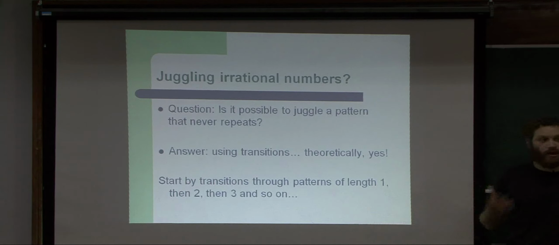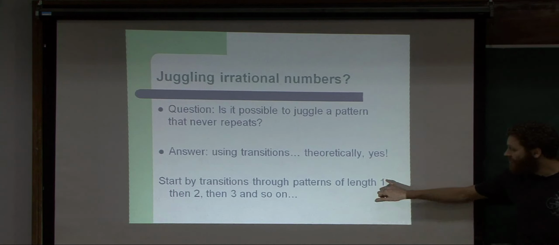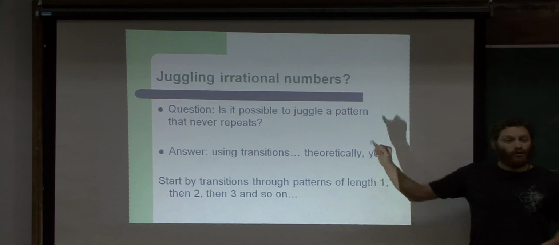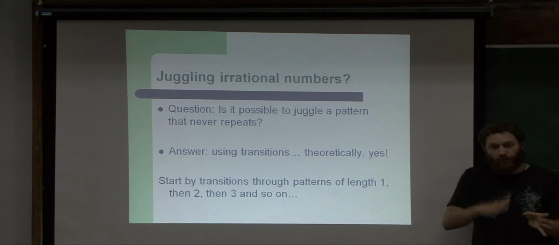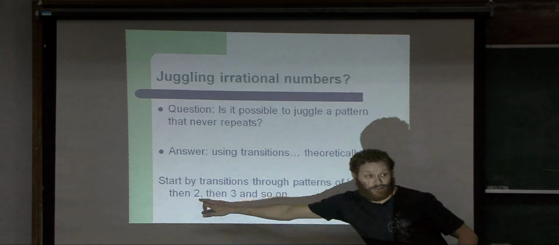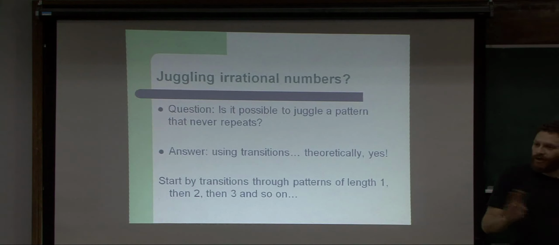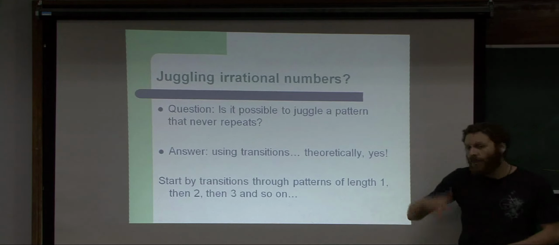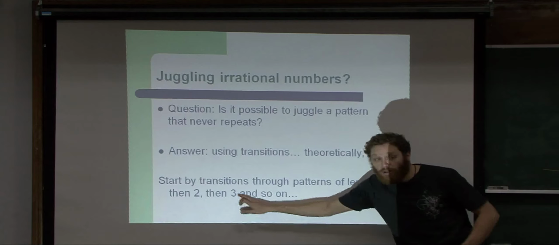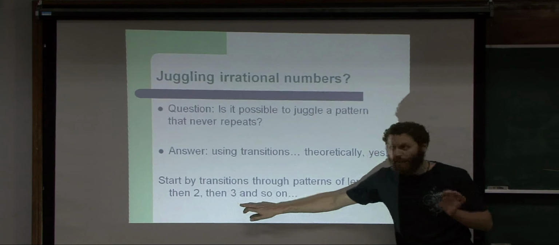So we could start with the pattern 3, and then transition through all the possible patterns of length 2. Okay, so we've got 2, 4, we've got 5, 1. I don't know, are there any others? 0, 6. Does that work? 0, 6, maybe.